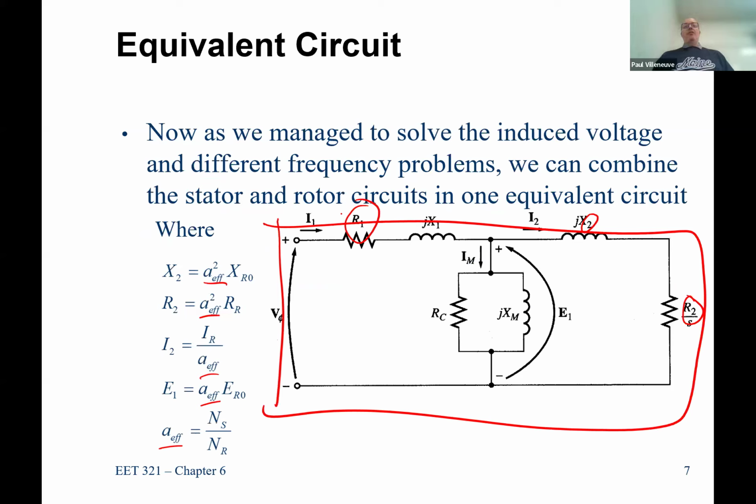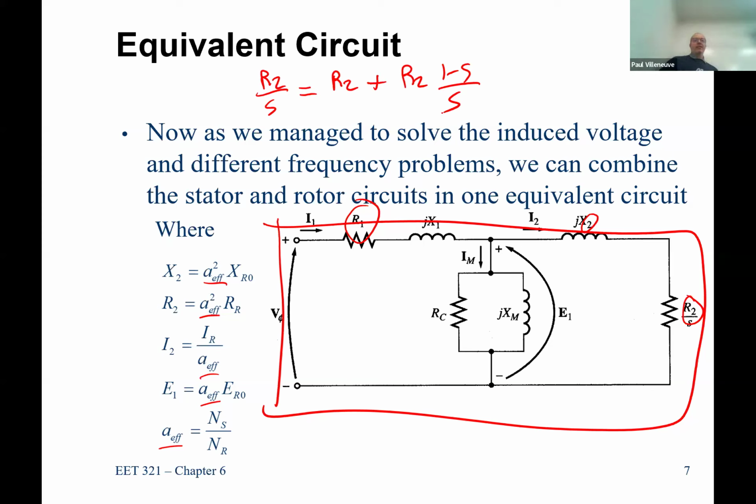And we said that R2 over S is proportional to the output power. Well, sort of, right? R2 over S. What does R2 over S equal? How about that?